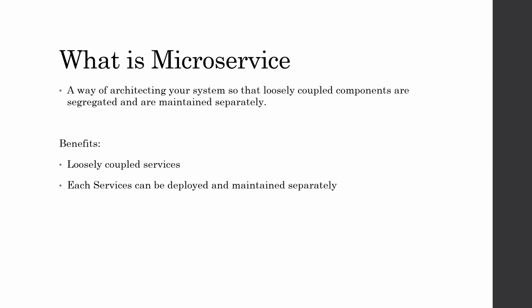If you have the example of Amazon backend, if you have a user service, if you have a service for tracking your order or order service, these two can lie as different code bases. These two can be maintained separately. These two can be deployed separately. There is no dependency between these two services or these two components, as you can see. So this is a very big benefit of using a microservice architecture.